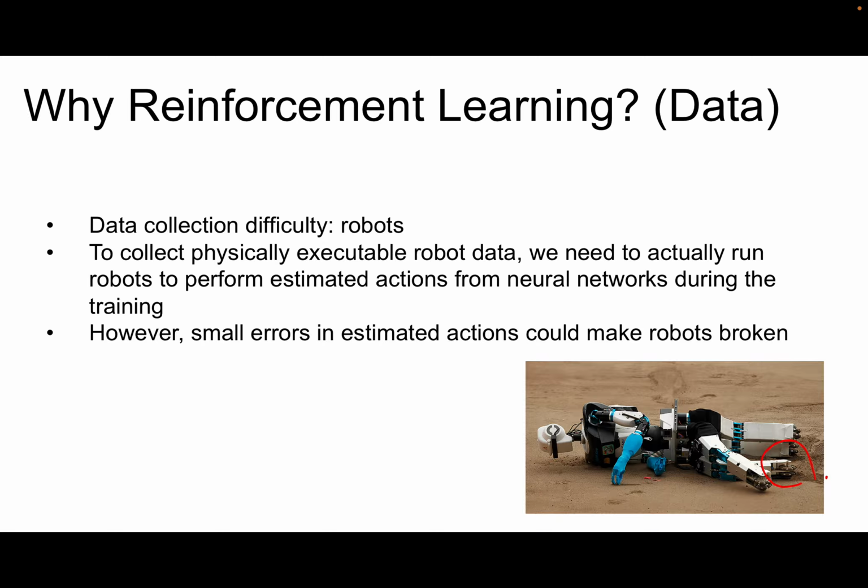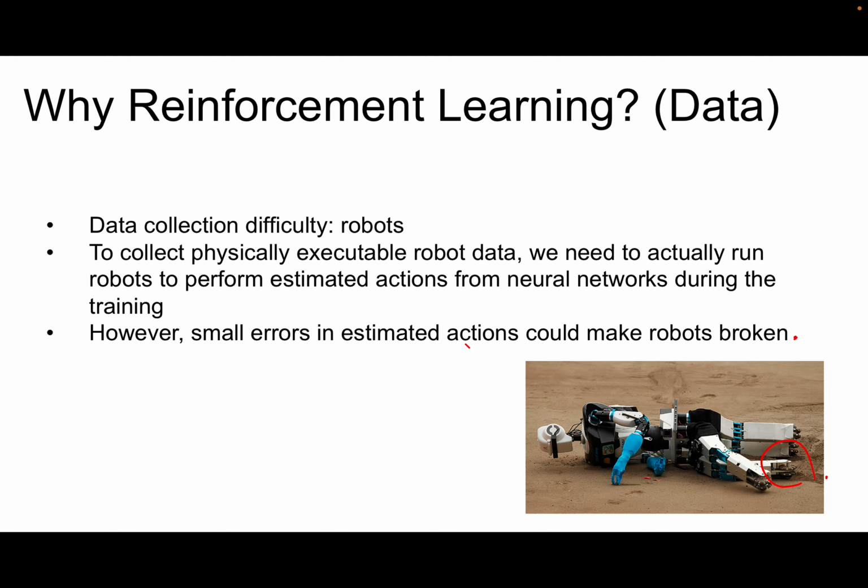Small errors in estimated actions could make robots break. When training a neural network, the initialized weights might not be optimal, right? That is definitely true. Although we do some pre-training, the weights of the neural network might be far from optimal.